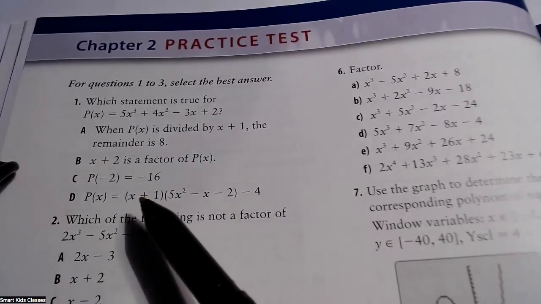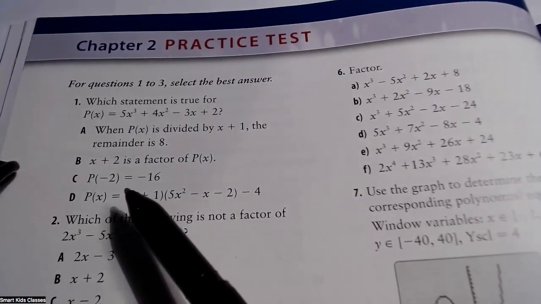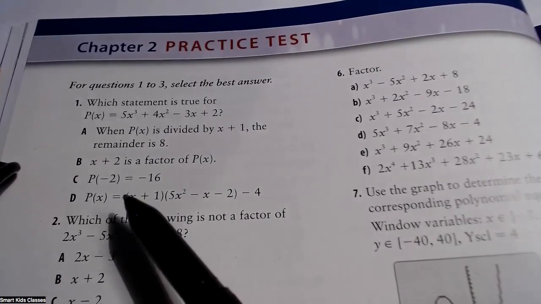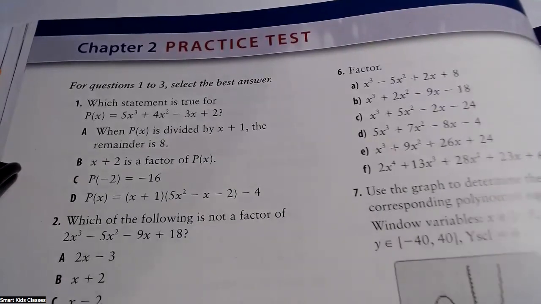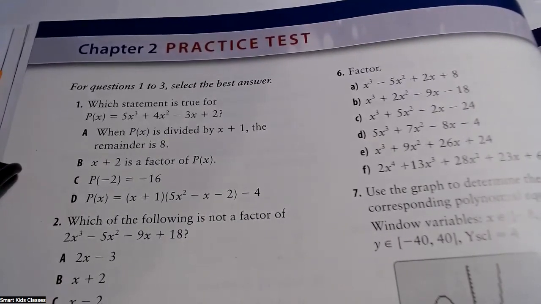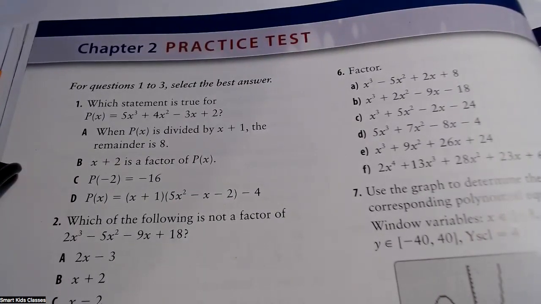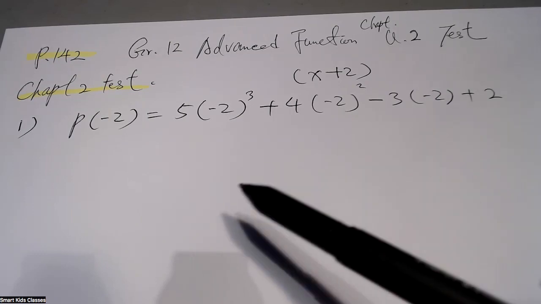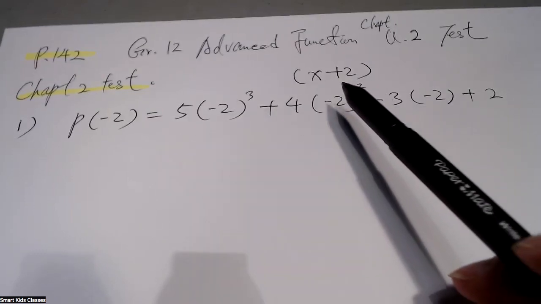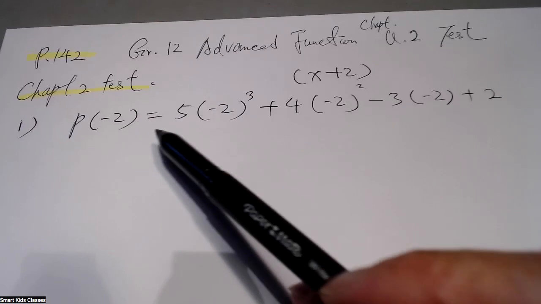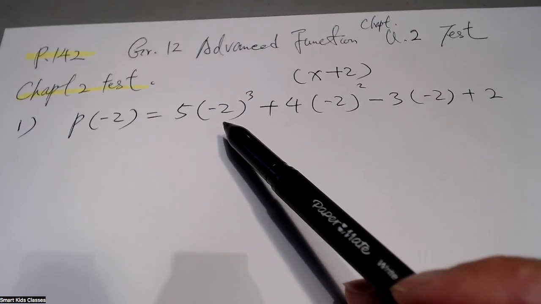So how about C? P(-2) equals -16. If this is correct, let me write it down on paper to explain to you. Now when x + 2 is the factor, we plug in the x value equal -2.